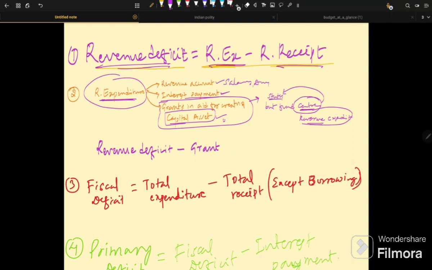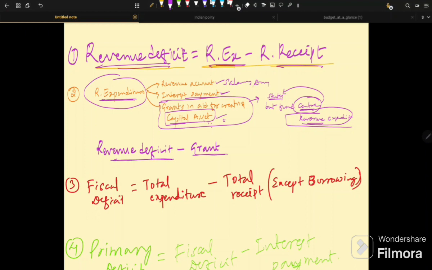To know exactly what it means, we need to understand revenue expenditure. What is revenue expenditure? Revenue expenditure is not creating an asset, but this is creating an asset. So we remove this from the revenue deficit part.